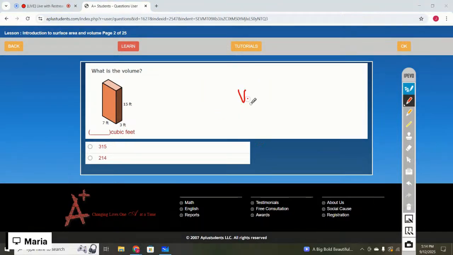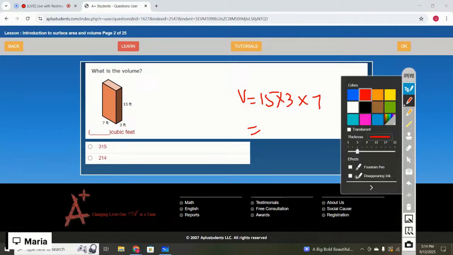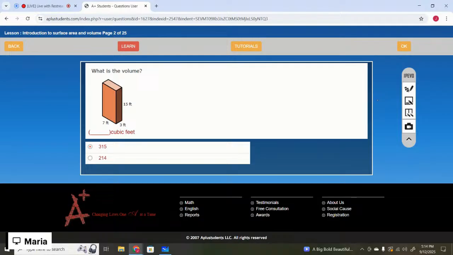So volume equals 15 times 3 times 7. So which is the correct option? I think 315 it is. 15 times 3 times 7. Yes, that is 315. Option number 1 is the correct option.